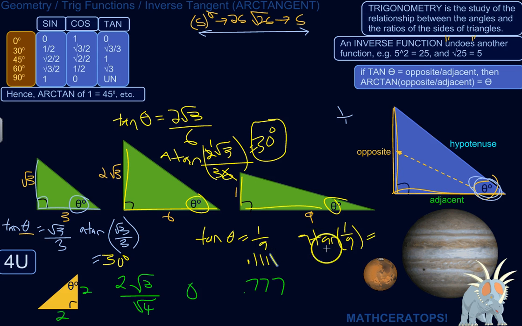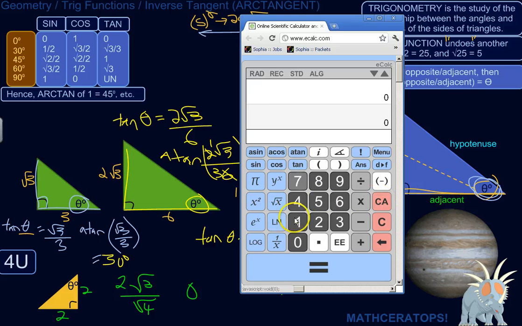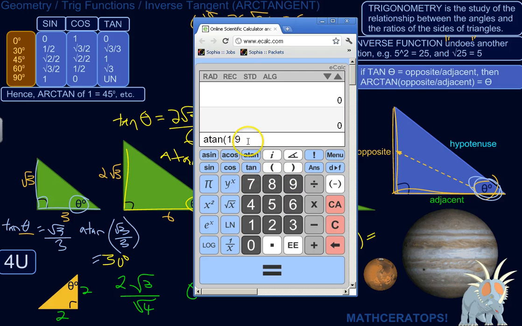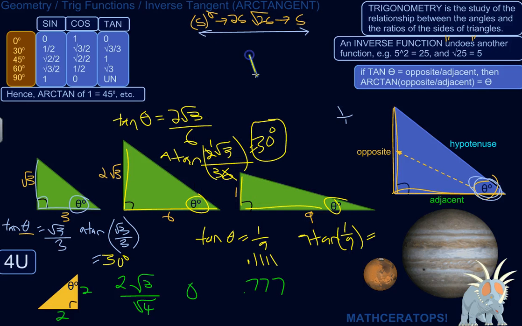So we could take the arctangent of that decimal. Actually, I'll just take the arctangent of that fraction, 1 over 9. So you should have a button, maybe it's called atan, maybe it's called arctan, maybe the button is tan with a -1.